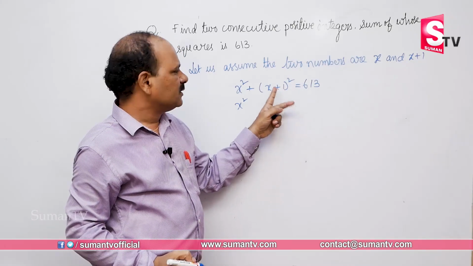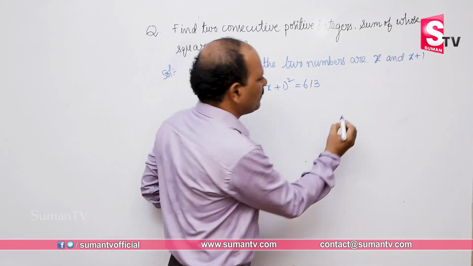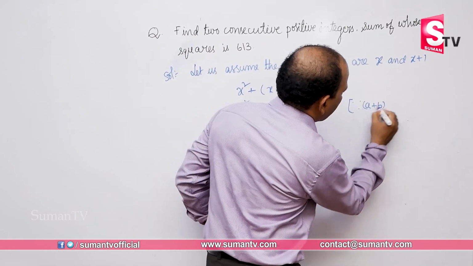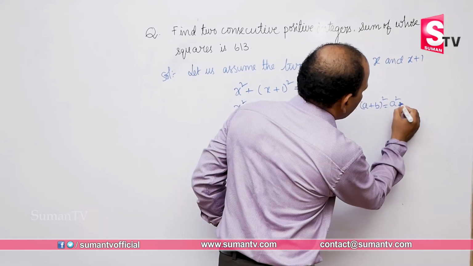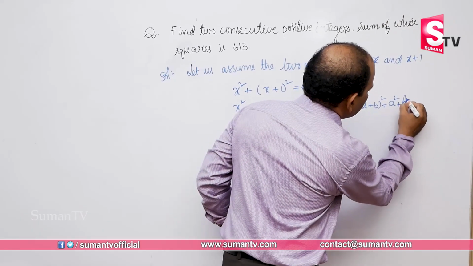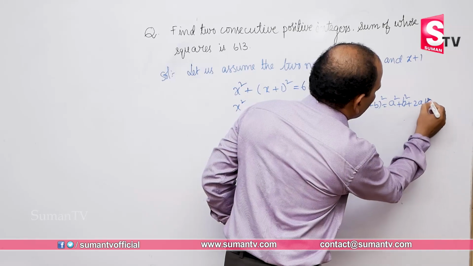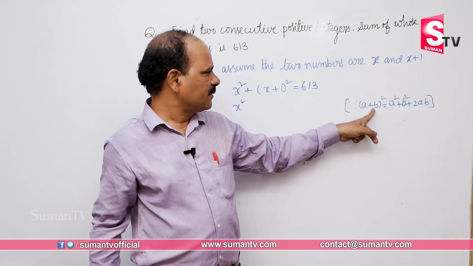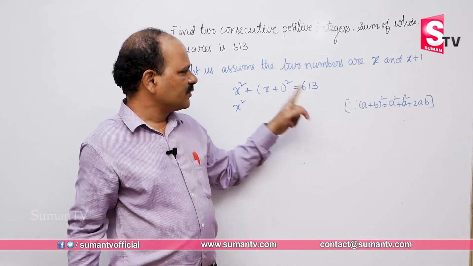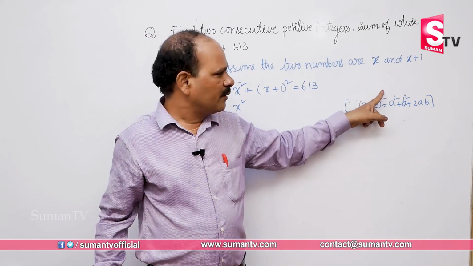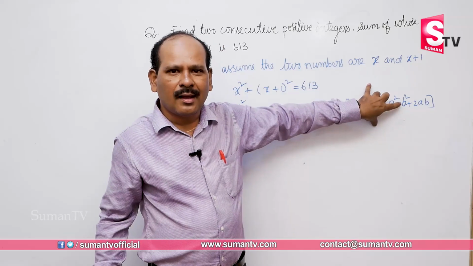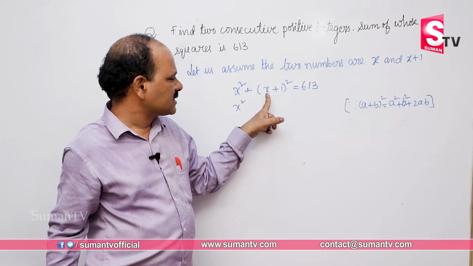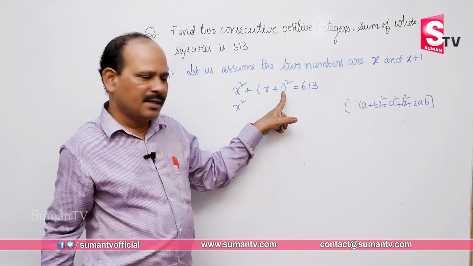This x plus 1 whole square is in the form of a plus b whole square. I have to expand it as a square plus b square plus 2ab. Based on this formula, I am expanding x plus 1 whole square. Here x is a, 1 is b.